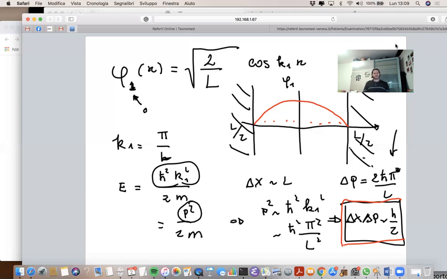So that's sort of the story, right? So in quantum mechanics, I can never know position and momentum with infinite accuracy.